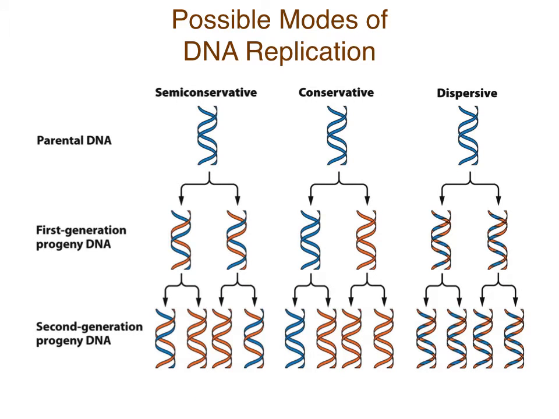There are, however, other potential modes of DNA replication. For example, in conservative DNA replication, you would start with the parental DNA. The first generation progeny, as opposed to semi-conservative replication where each of the two progeny has one of the parental templates, would have one progeny with both of the parental templates and the other progeny with both of the new templates.